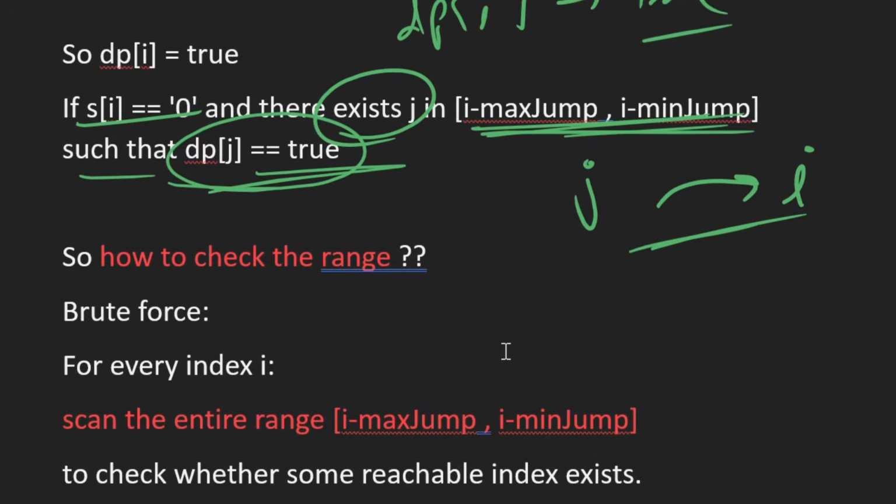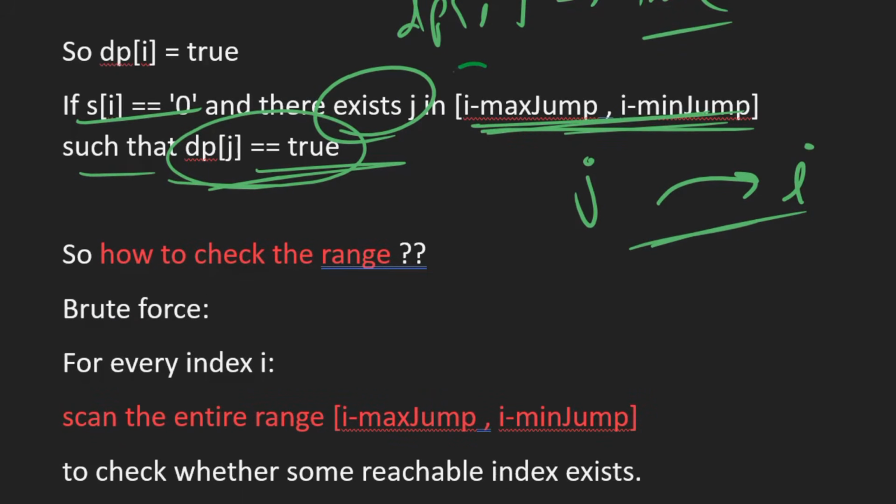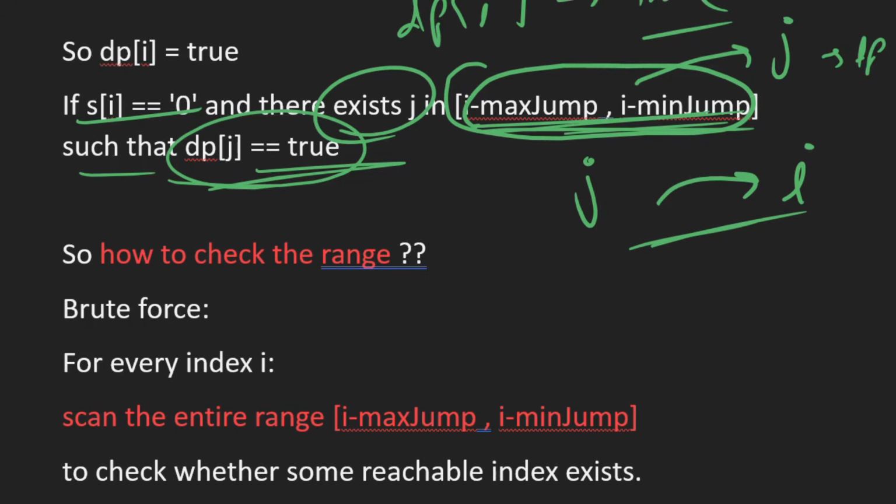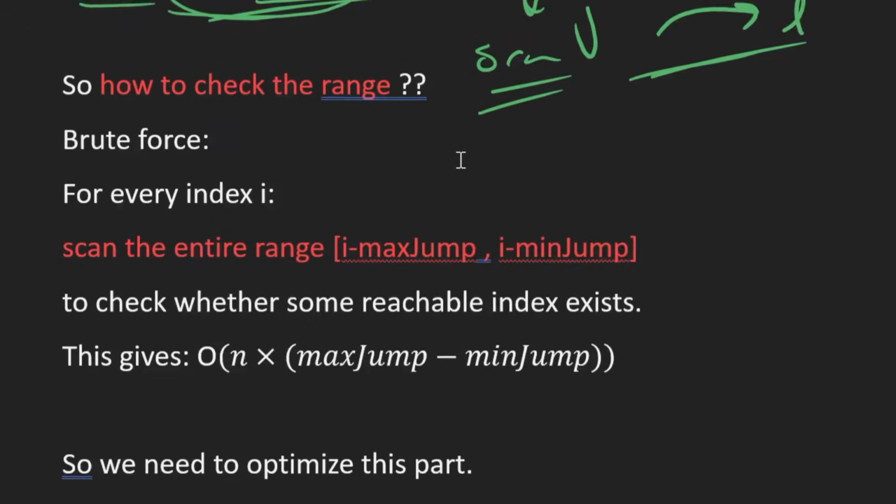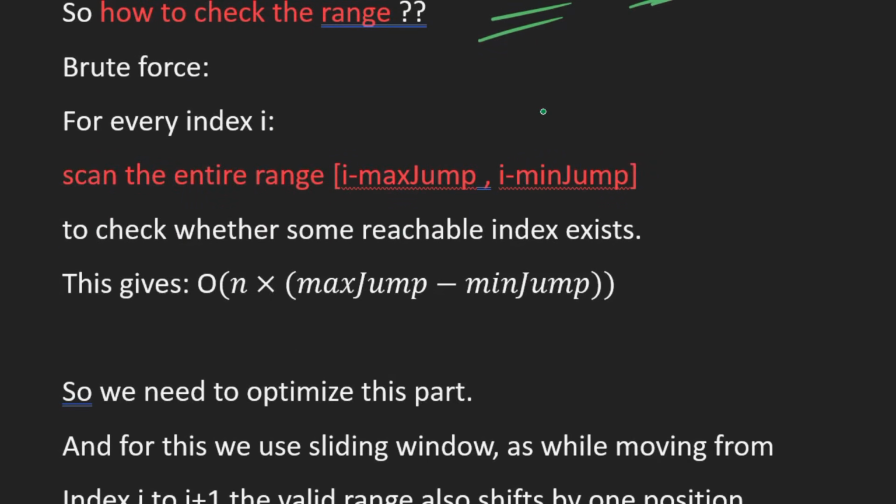Now the thing here is we need to check in this range whether there is any j for which dp of j is true. So how will we check that? The brute force approach is that we iterate over the whole range, or scan the whole range. While scanning the whole range, the time complexity will be big O of n into max jump minus min jump, right?